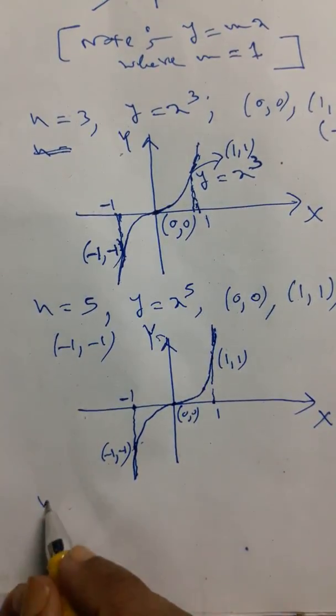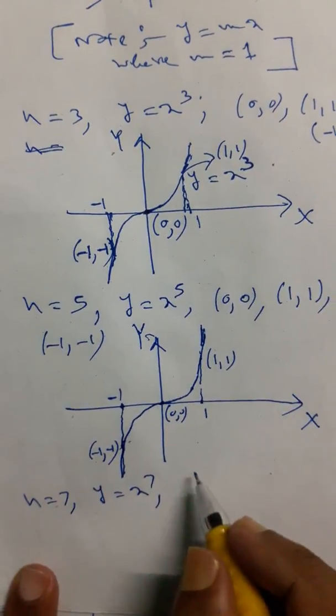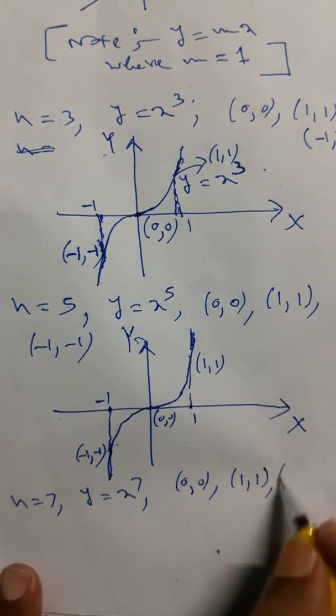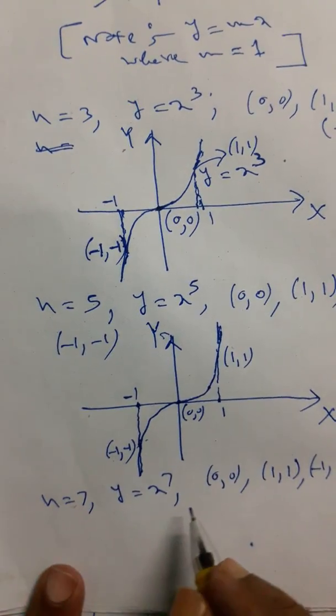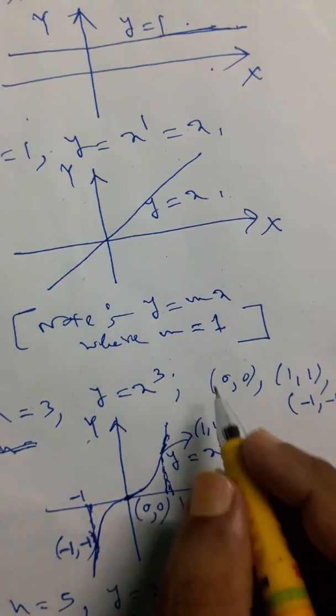And if we take n equals 7, y equals x to the power 7, here also the points (0, 0), (1, 1) and (minus 1, minus 1) are satisfied, and the curve passes through these points.